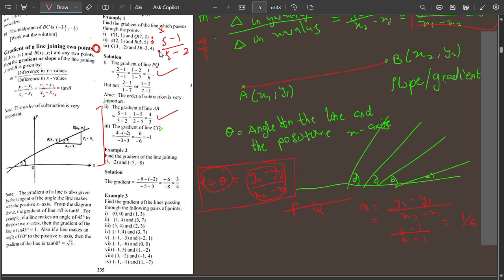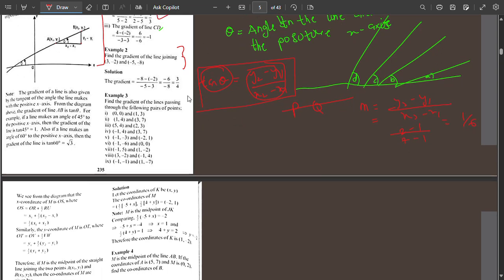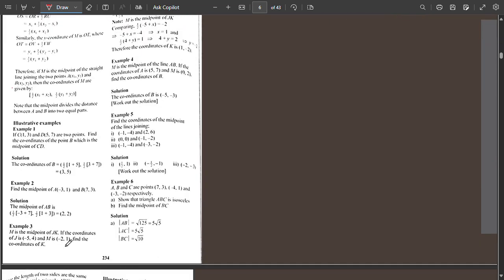Try the last one on your own, and then try these examples to find the gradient of the line joining these points. They are all the same examples. Then we could also try these. So get the textbook, go through these examples, or you could pause the video and then solve. But these concepts are very simple. Gradients are very simple.